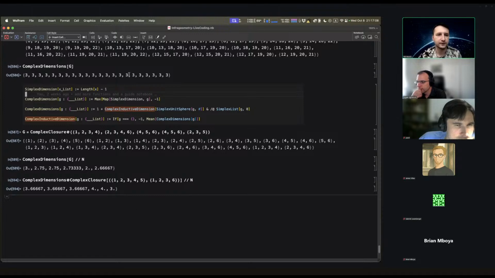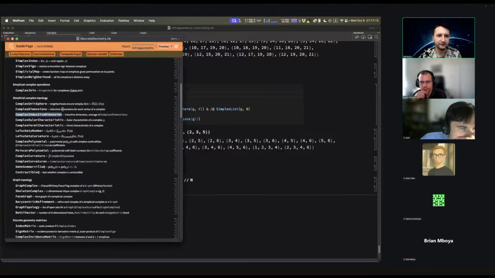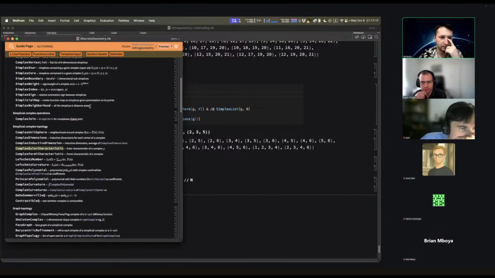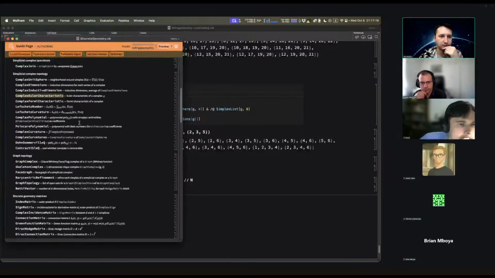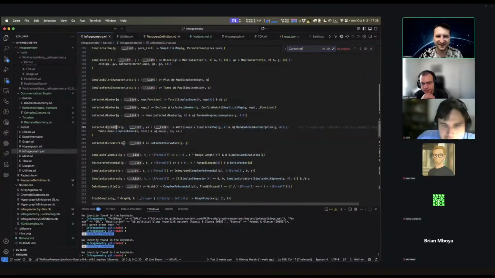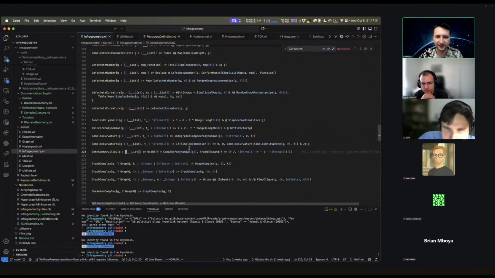All right, so this is the dimension. So what else do we have? Should we look at the curvature, trying to understand what the hell it is doing? I can do the same thing for curvature. Not the polynomial. Well, in terms of polynomials, I guess it's a bit weird.